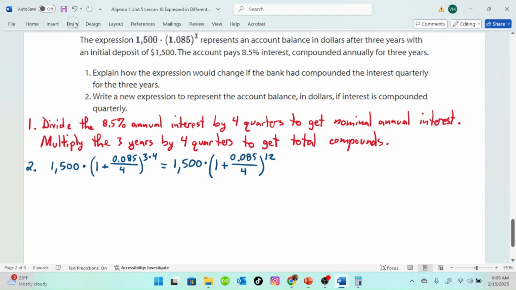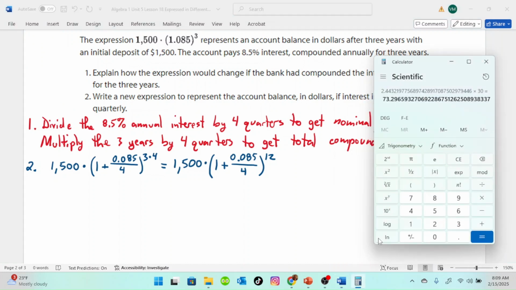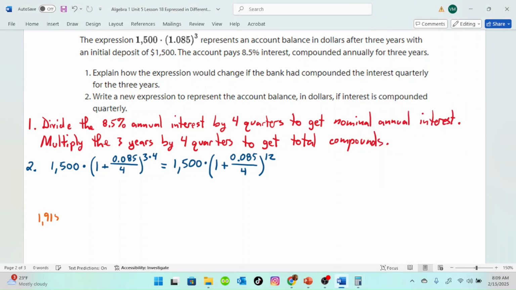And just in case you wondered about the difference, originally we had 1.085 to the power of 3 times the original 1,500 and that would give us $1,915.93. Original.